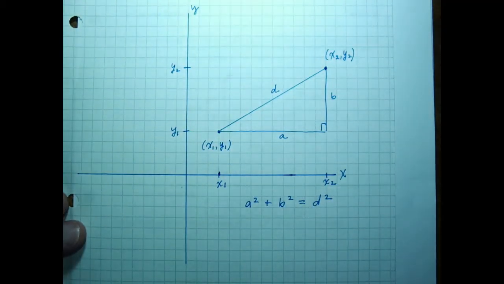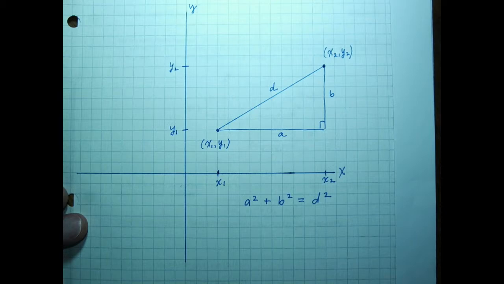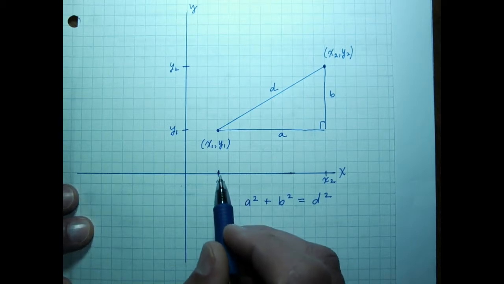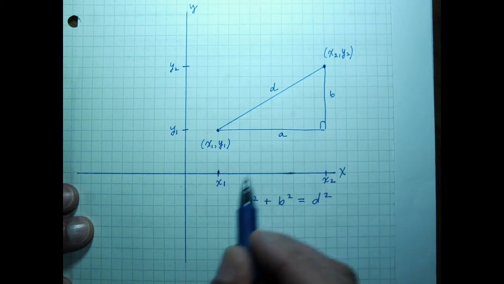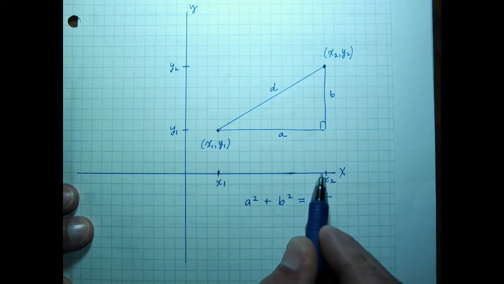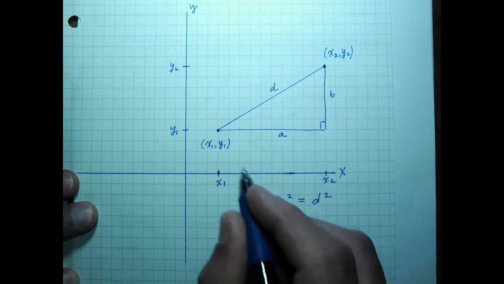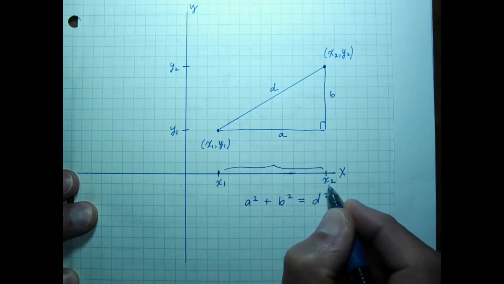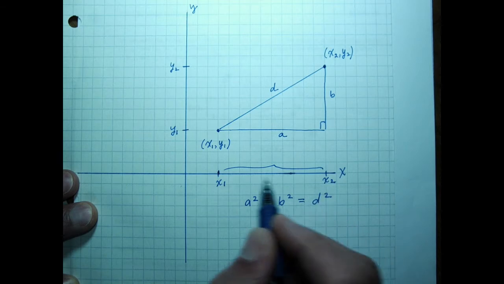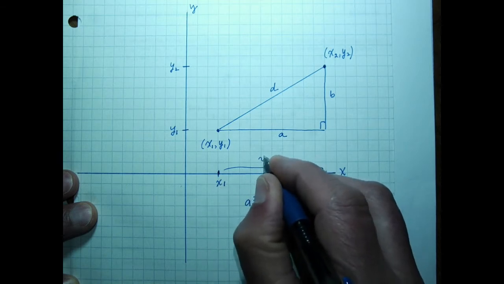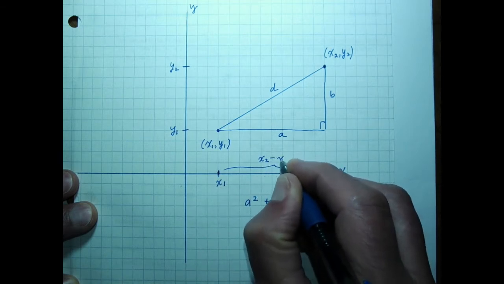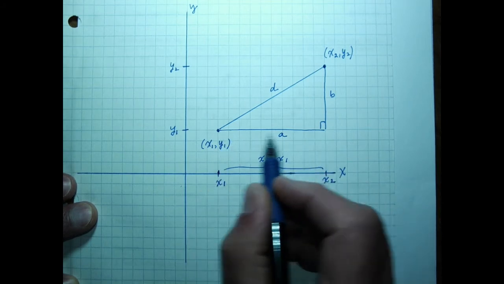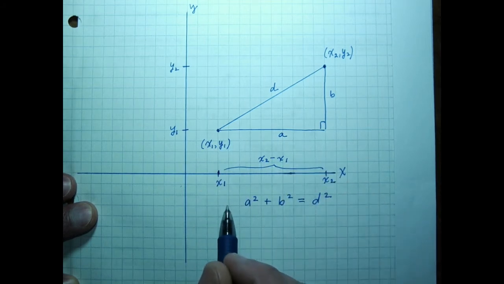I can use the x and the y coordinates to describe both the lengths a and b in this picture, because the length a is the same as the distance from x1 to x2. That distance in terms of the x-coordinates is just the larger x-coordinate minus the smaller, x2 minus x1. That's equal to the length a in this picture.